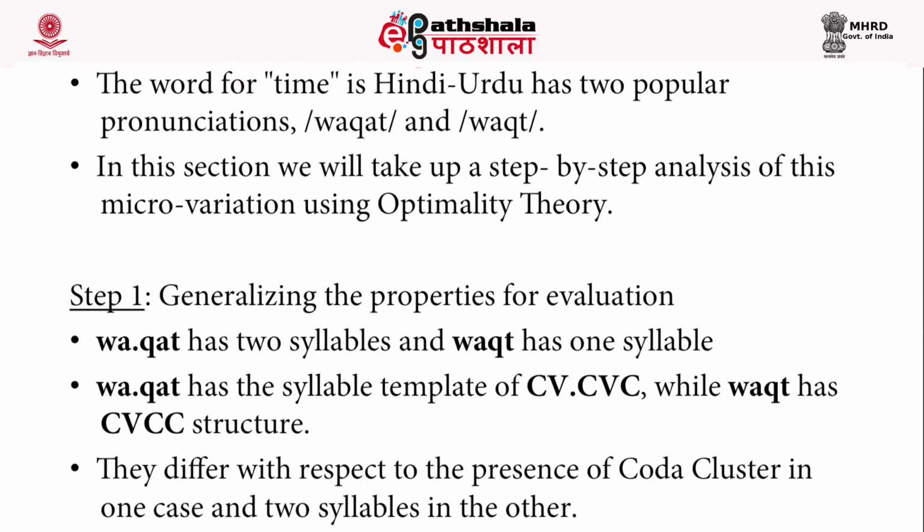Both the words we take and generalize their properties. In waqat there are two syllables, wa and kat, but waqt has one syllable. Waqat has a syllabic template of CV.CVC, while waqt has CVCC. It has a consonant cluster.